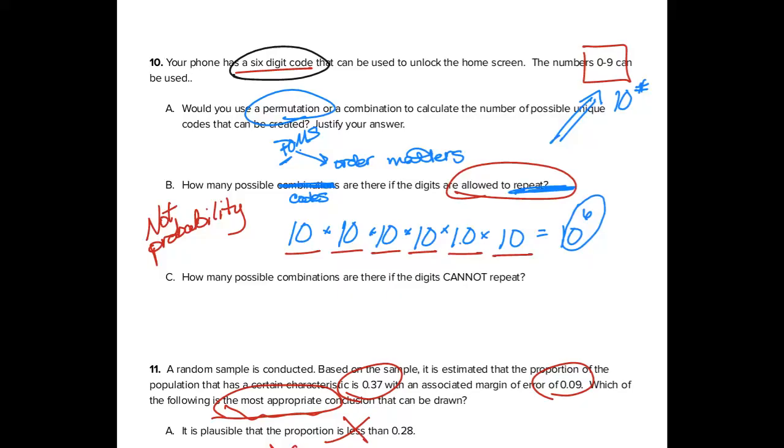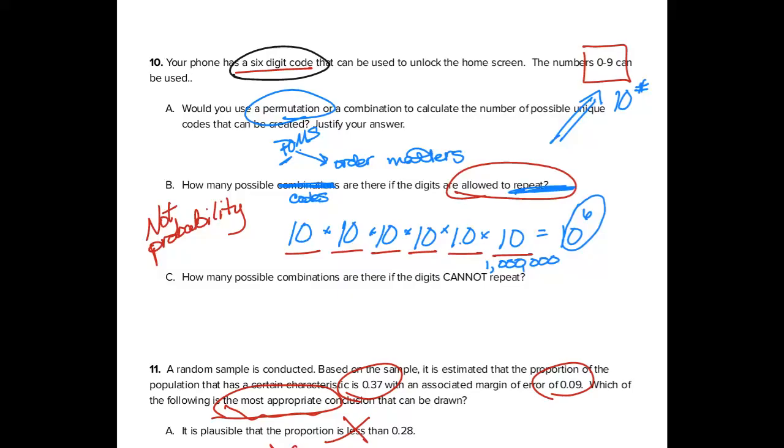So that number is 1 million, which is a 1 with 6 zeros. It is not a permutation, though, because we are allowed to repeat. In a permutation, you can't have a repeated winner type thing.